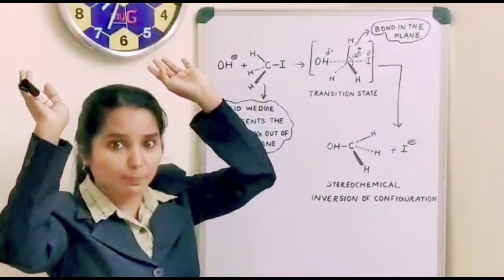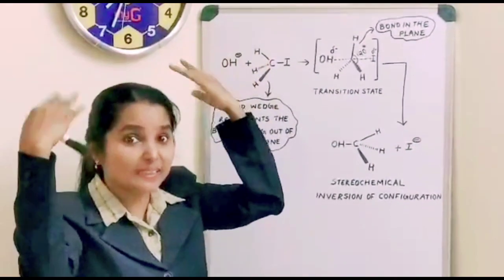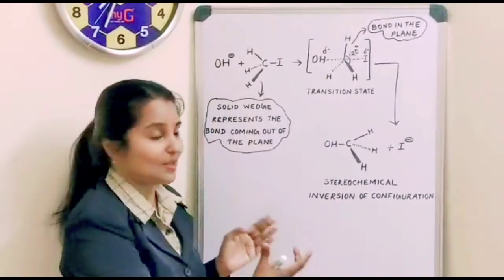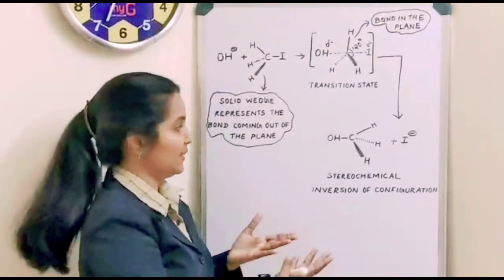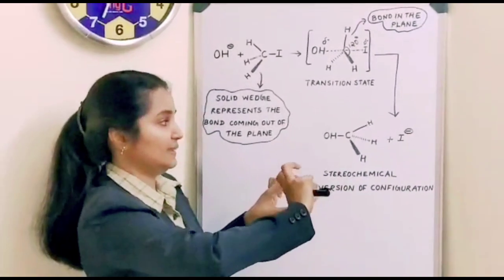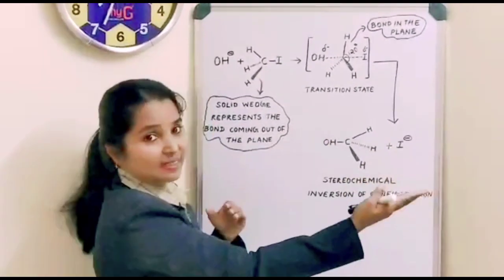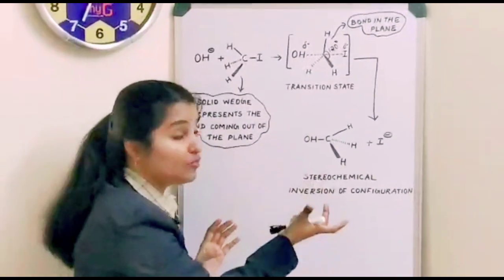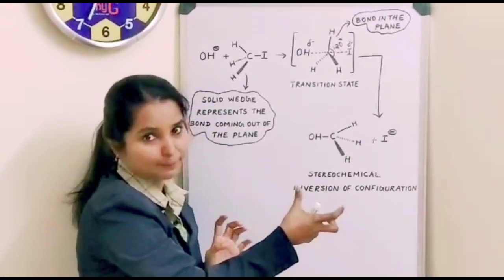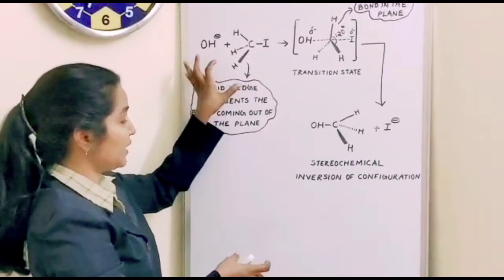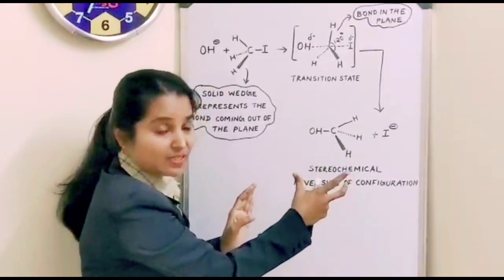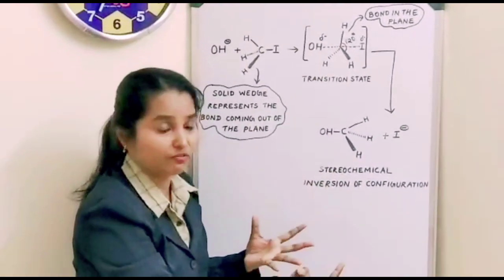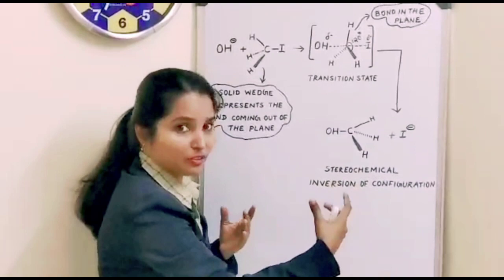The umbrella gets turned up like this. In that way, this can also be called an umbrella inversion. It is turned to the other side. This is also known as Walden inversion. A kind of inversion of configuration takes place here. This was the original configuration and this is the configuration after the attachment of the nucleophile, and this is known as inversion of configuration, stereochemical inversion of configuration.